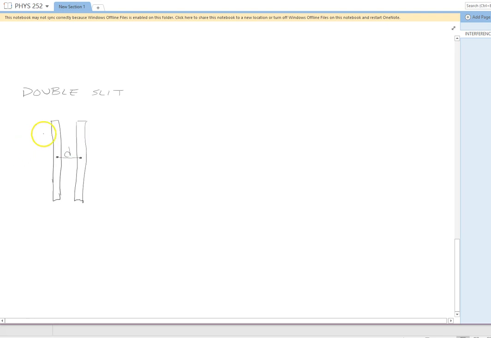Okay, so the idea is that this is opaque. So this part right here, light can't get through, and in between it can't get through. Oh, and by the way, typical Ds again are going to be maybe half a millimeter, a millimeter, something on that order. Okay, so light can get through the openings of the slits.